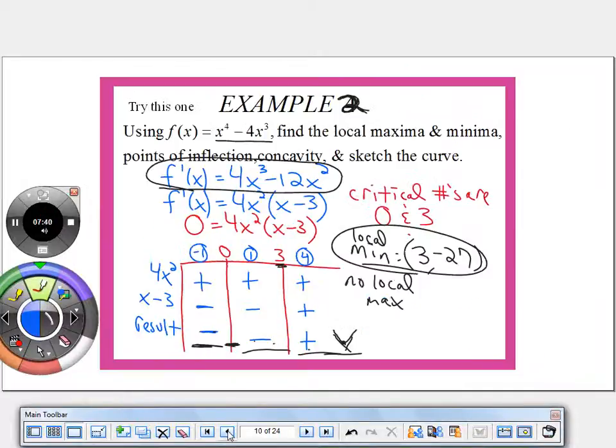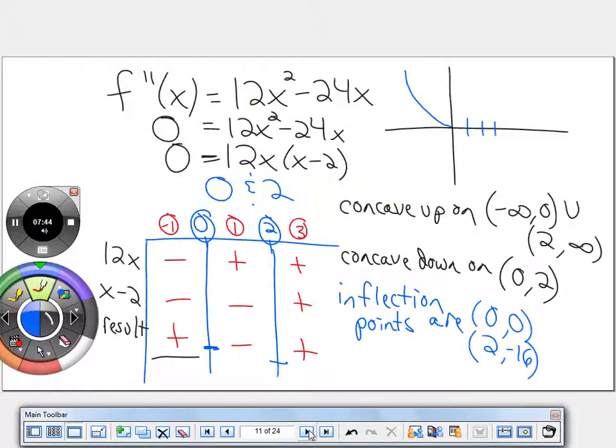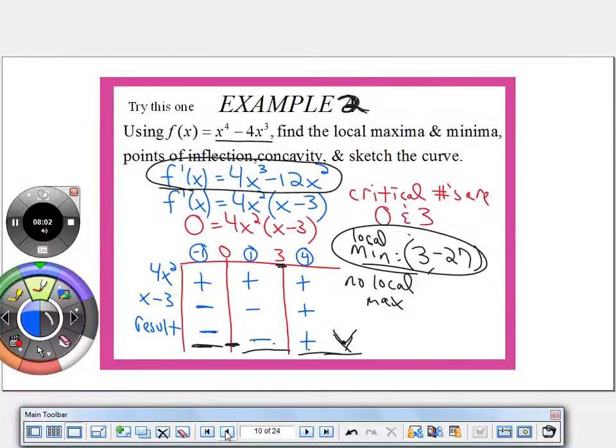So we found out that the minimum was 3, -27. So I'm way down here at 3, -27. That's a local minimum, and it kind of goes like this, and then it goes up. Let's look at some of the things we figured out. We said that the function was decreasing the whole time from negative infinity all the way to 3, although at 0 it leveled out because the first derivative was equal to 0.